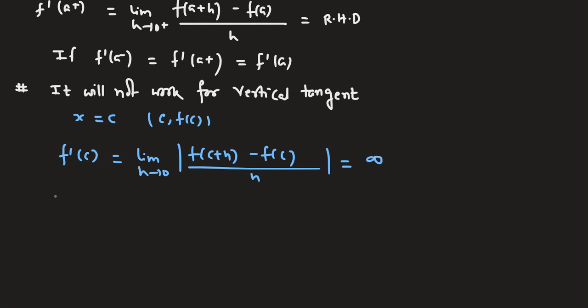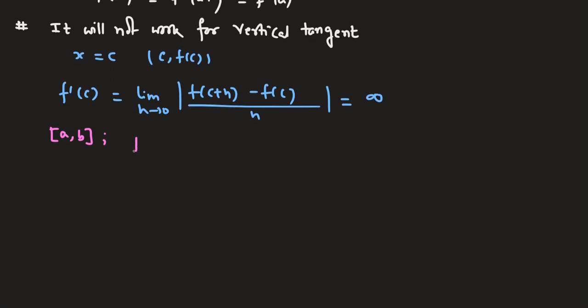Sometimes we have a curve on some interval, and at the end point we are going to calculate the derivative. Suppose f dash of a plus, just taking the right hand derivative at this point: limit h tends to 0, f of a plus h minus f of a, divided by h.